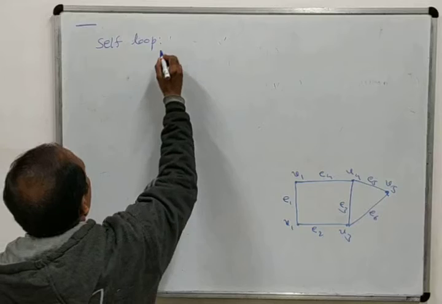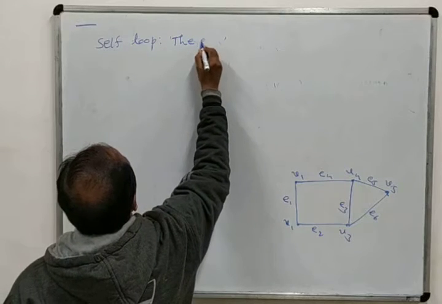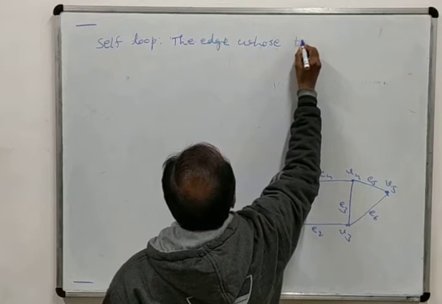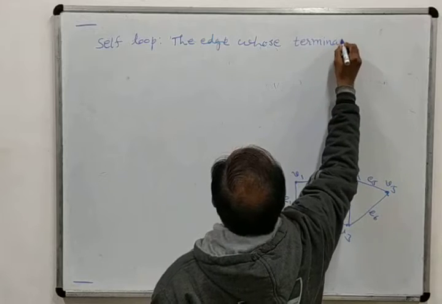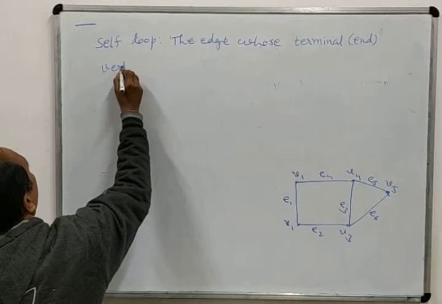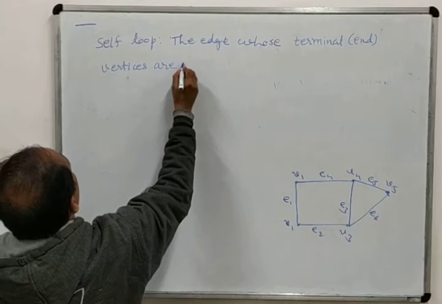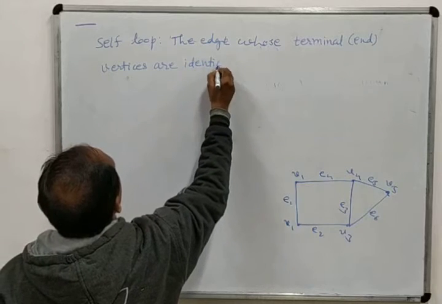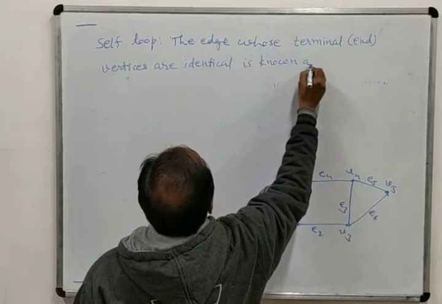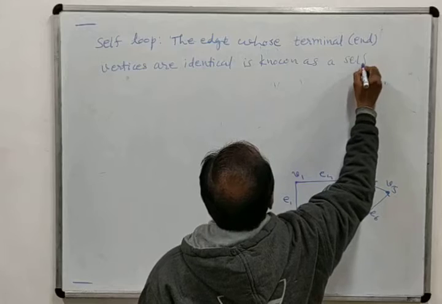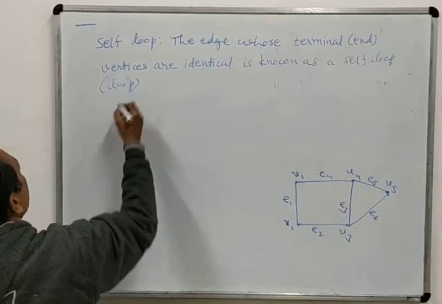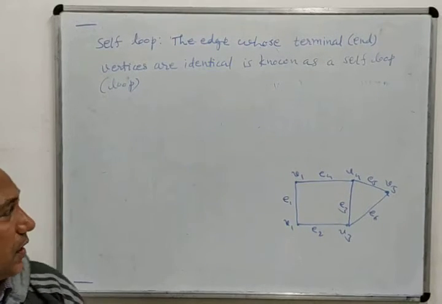The self loop is nothing but an edge whose end vertices or terminal vertices, sometimes we also call them end vertices, are identical. Identical means same. It is known as a self loop, or simply we sometimes also call this a loop. Instead of self loop, we sometimes simply call it a loop.